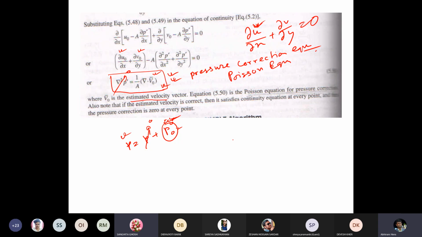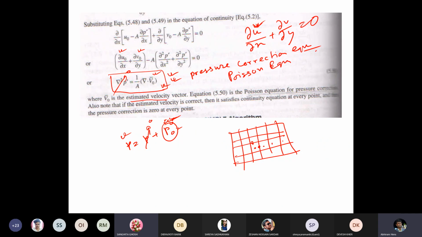So what is the logic? You take the domain, consider the staggered grid arrangement, save the velocity at the cell face, and at the center you save the pressure. You assume one set of pressure values, and based on that you find the u and v here.